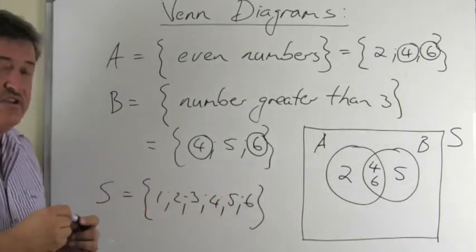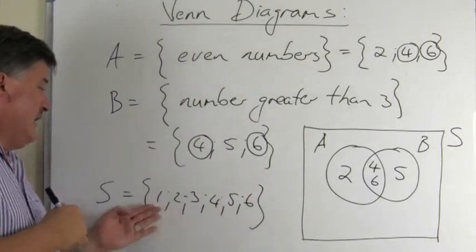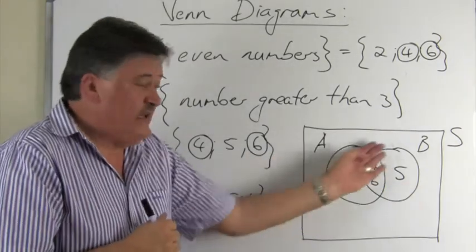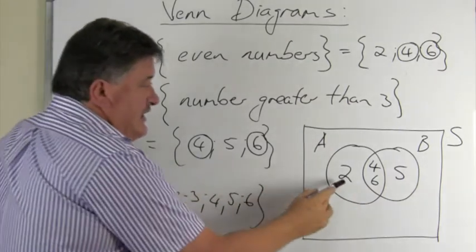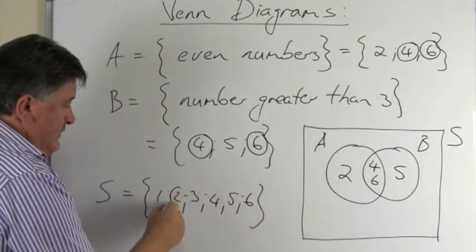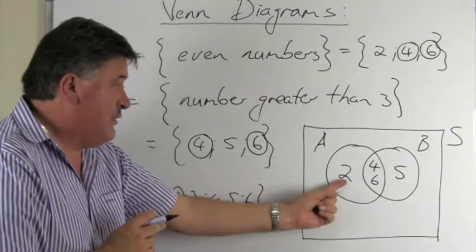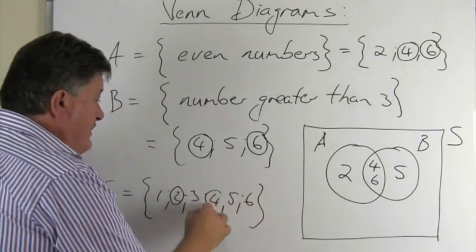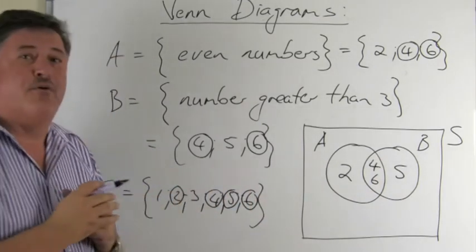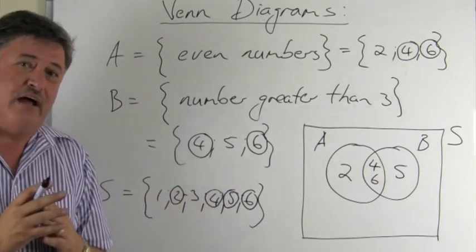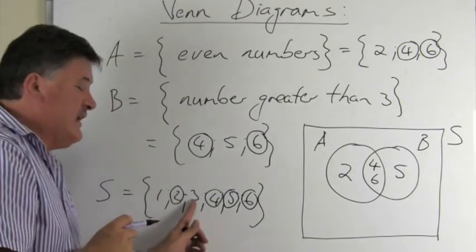Now, which outcomes are not in A and B at the moment? As you can see, 2 is already in our sample space, 4 is there already, 5 is there, and 6 is there already. Which outcomes are missing? They are 1 and 3.